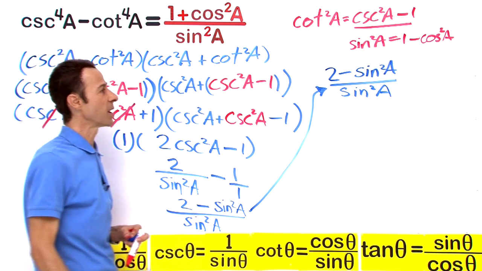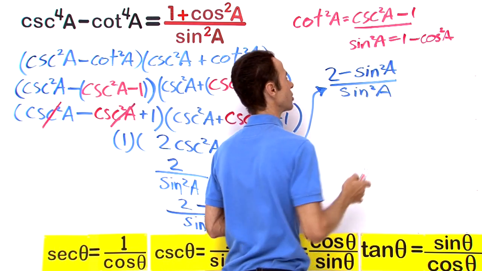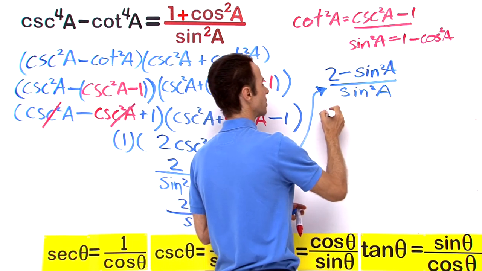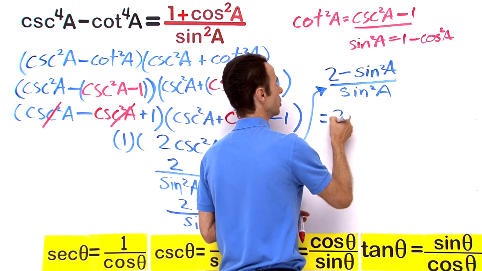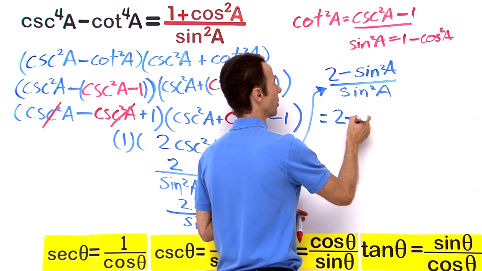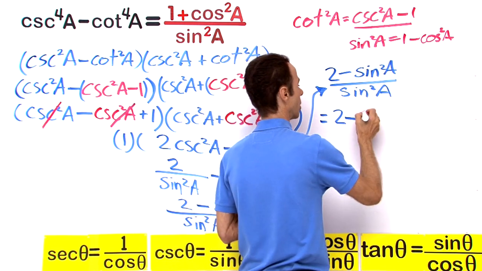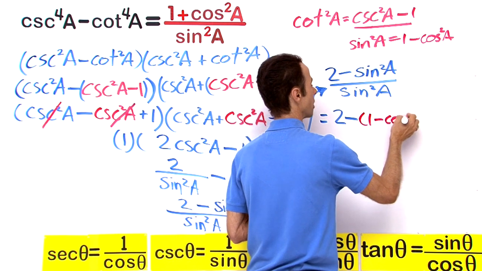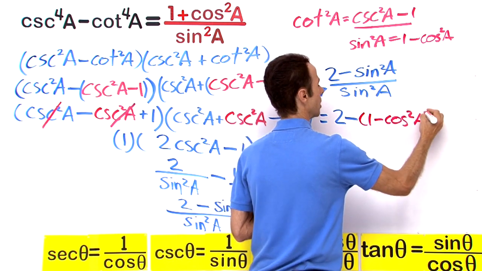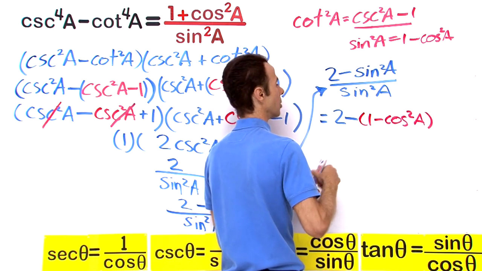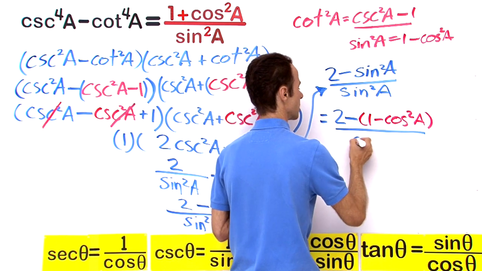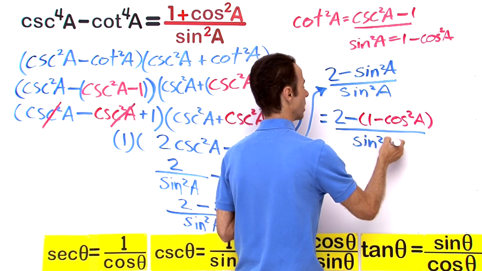Let's replace this with that now, as we said before. So that's going to give us, that equals 2, take away, replace the sine squared a with that. That's going to be 1 minus cosine squared a, close bracket, all over sine squared a.